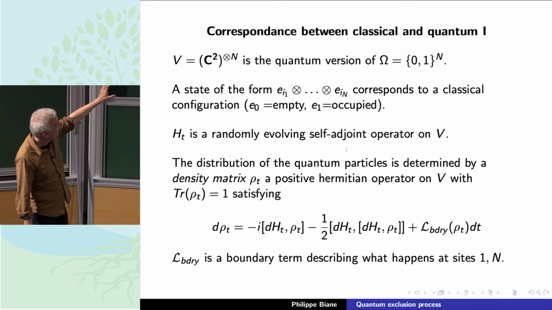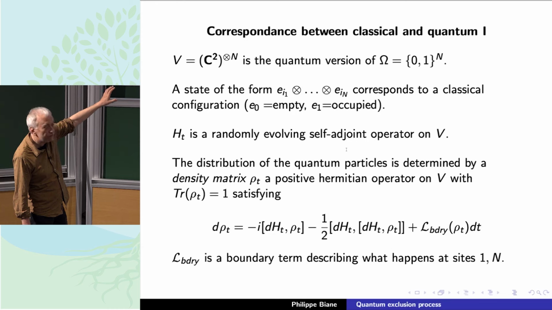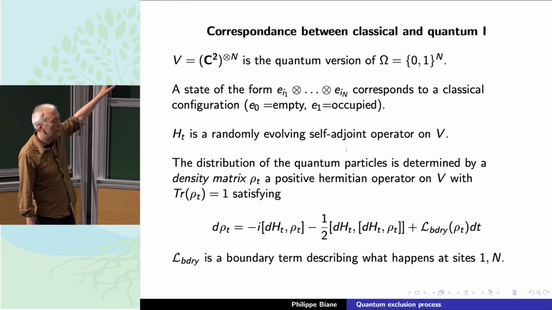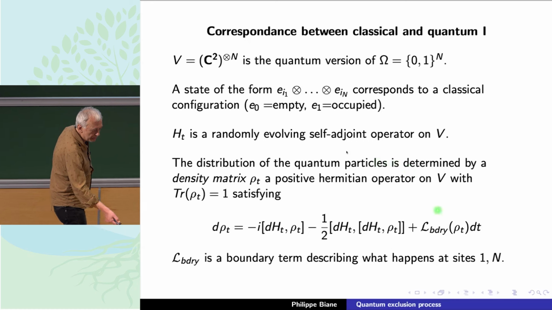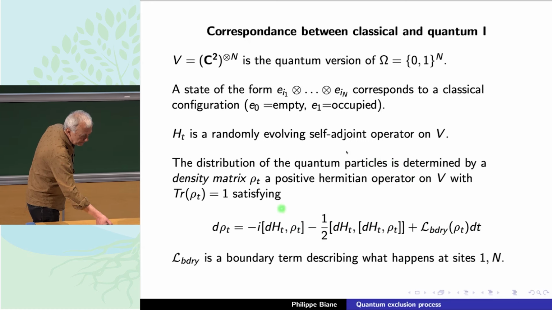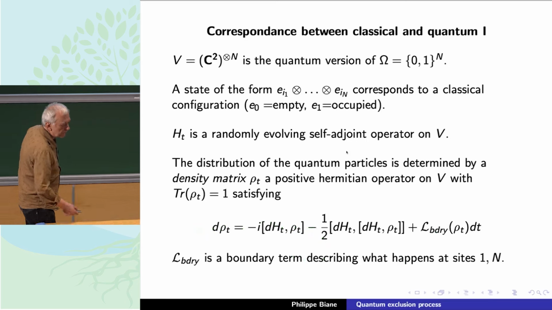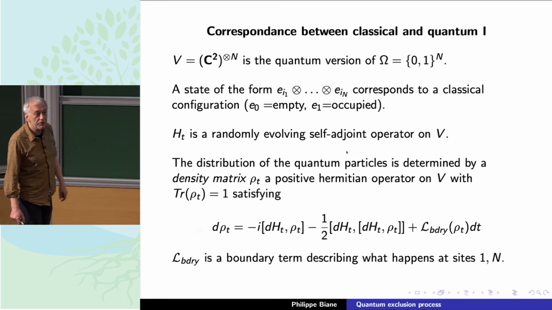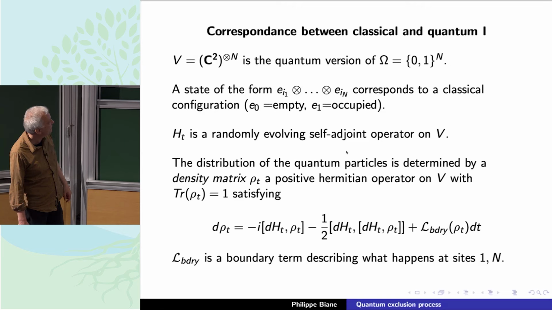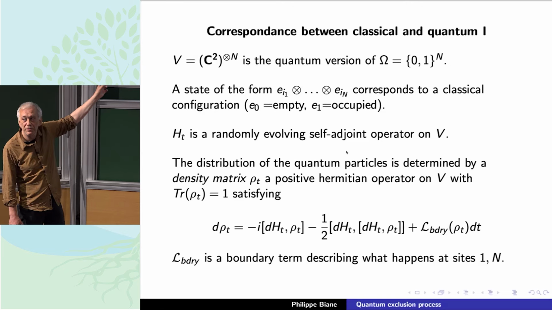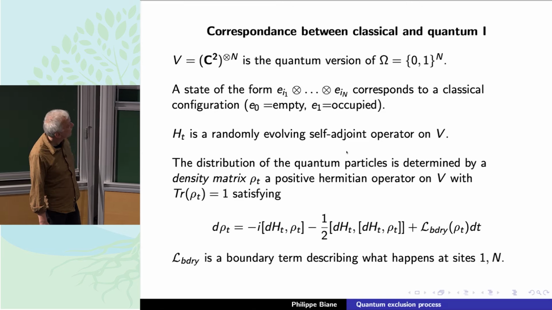And rho t will satisfy a differential equation. The first part of the differential equation is the usual equation that you get when you look at a Hamiltonian depending on the time. Okay, so the derivative of rho t is the commutator of rho t with h.